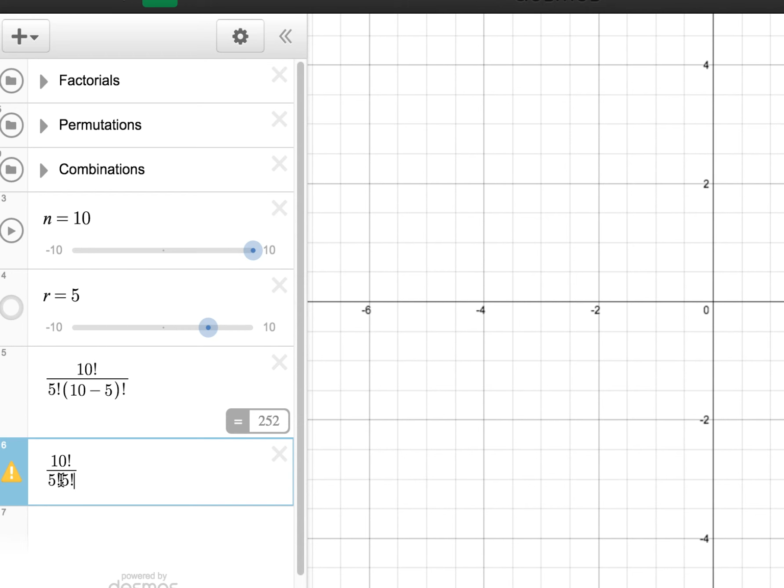That's because you can't have the numbers right next to each other. It needs an operator between the factorial and the 5. So if you add in the multiplier or you use parentheses, that'll work. And you end up with the same answer. So now you guys know how to use Desmos to help you do those calculations, and we will have no troubles with our permutations, combinations, and general groupings with factorials.